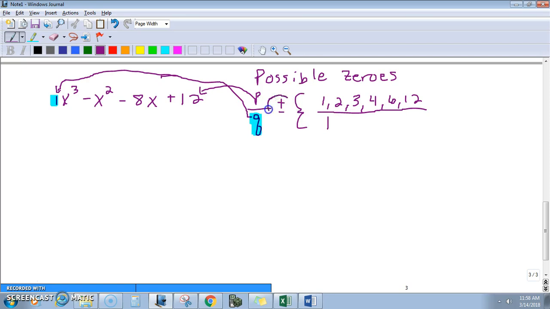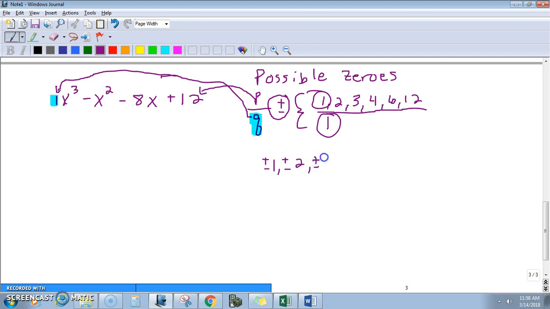So I put all of the positive and negatives on the outside so I don't have to worry about doing it for each part. But that means I have to take each of these on the numerator and divide it by the denominator. So positive and negative 1 over 1, which is just 1, is a possible 0. Positive and negative 2 over 1, which is just 2, is a possible 0.